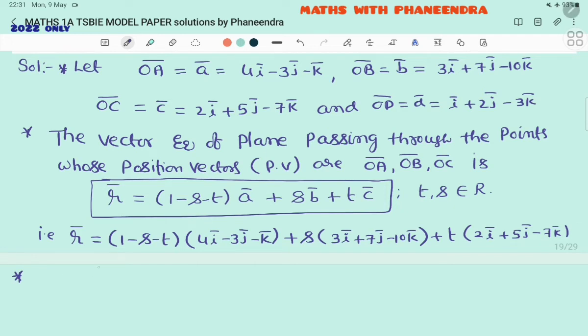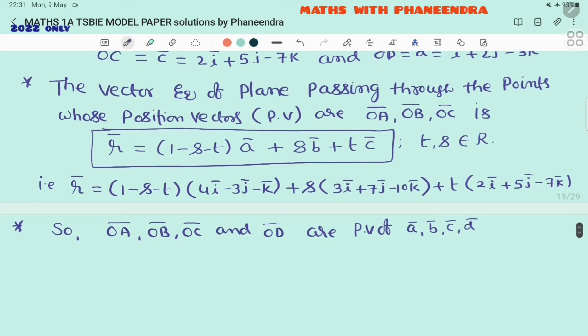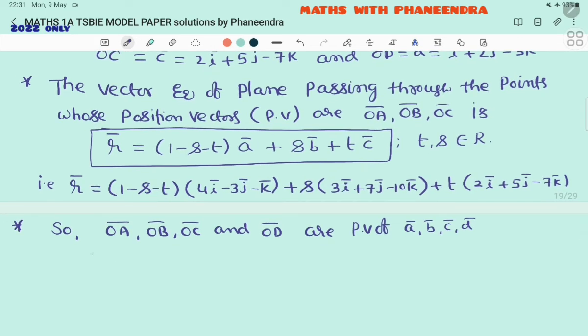So to prove the points are coplanar, OA, OB, OC, OD are position vectors of a bar, b bar, c bar, d bar.